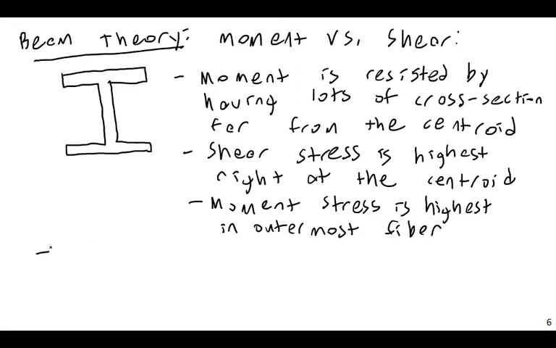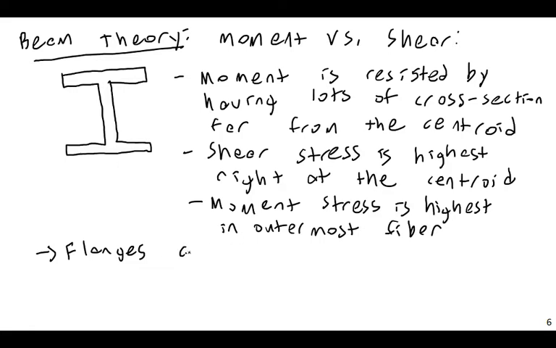So what this comes down to is that the flanges contribute very little to shear capacity. In fact, when we saw how to calculate the shear capacity for beams, we didn't even consider the flanges. We looked at only the area of the web, including the whole depth. The area of the web was ultimately what determined the shear capacity of a steel section.